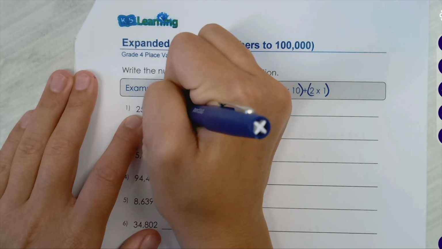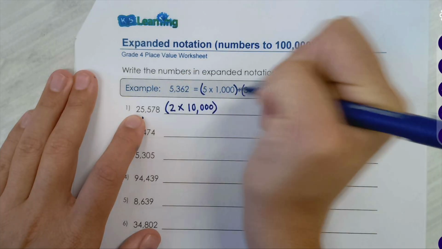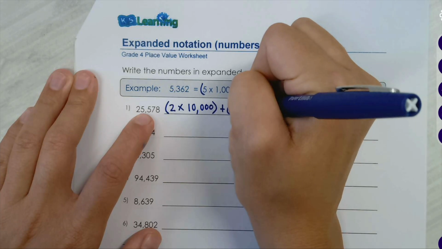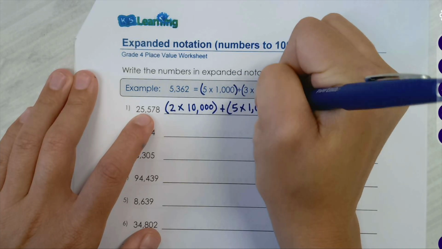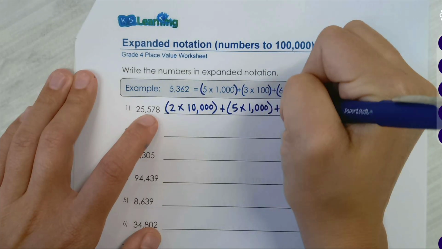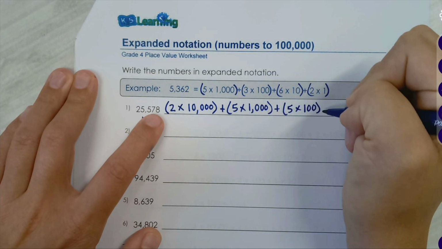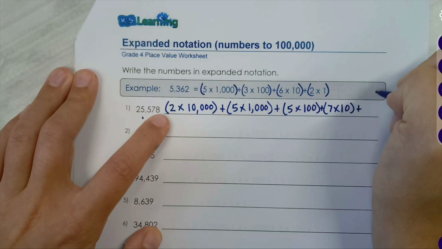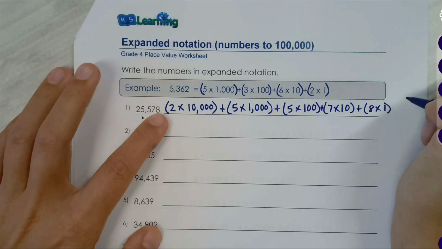There are 2 groups of 10,000 plus 5 groups of, that's thousands place, so 5 groups of 1,000. This is hundreds place, so plus 5 groups of 100. That's tens place, so plus 7 groups of tens. And then 8 is ones place, so plus 8 groups of ones.